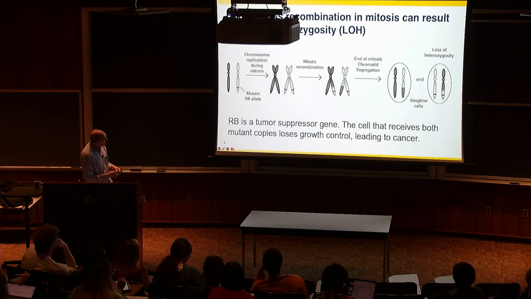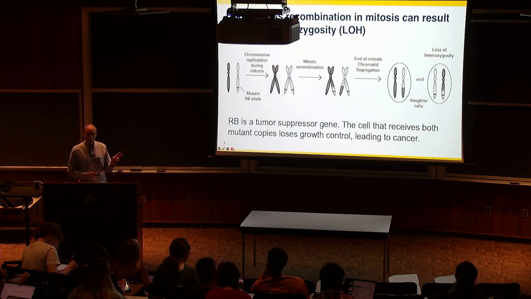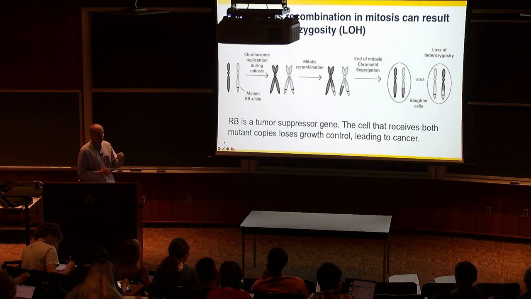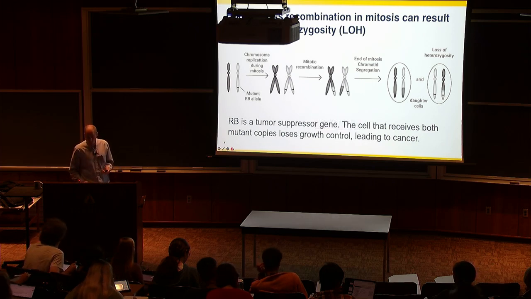And then the second daughter gets the 2 versions that have the mutation. So this daughter cell now has only the 2 mutant copies of the tumor suppressor. And that cell is now on its way to becoming a cancerous cell. Of course, there are additional genetic changes that have to happen, but this is the first step. So this sort of mitotic recombination, although not that common, is also not that rare. And so that's why people who inherit one mutant copy of a tumor suppressor are at high risk for cancer.